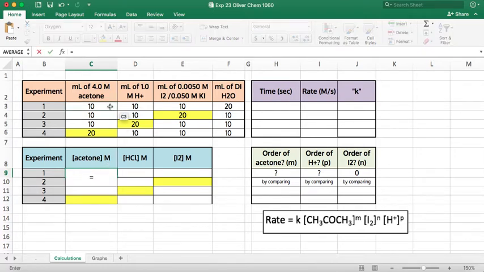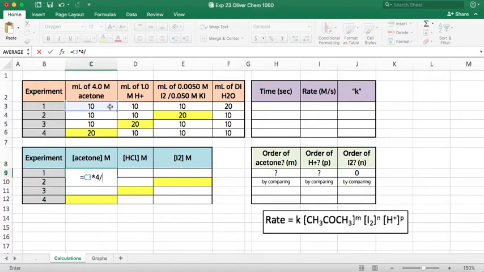So I have 10 milliliters of acetone, and so that's V1, and then M1 is my concentration of it, so that's 4 molar, and then I need M2, so I'm going to be solving for that.